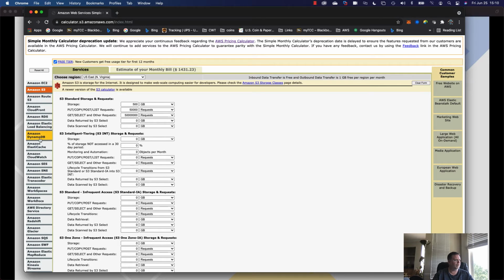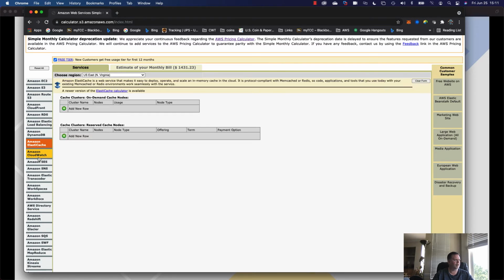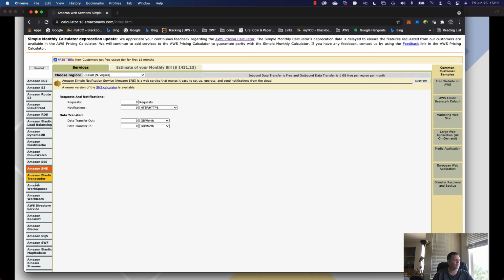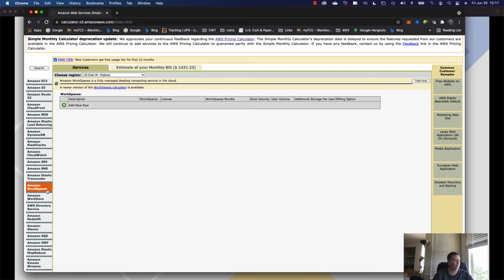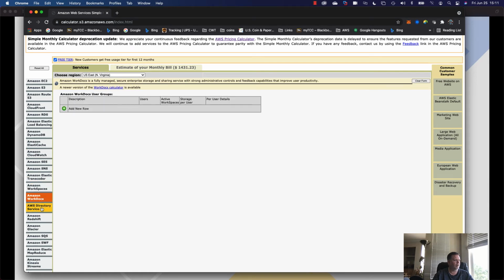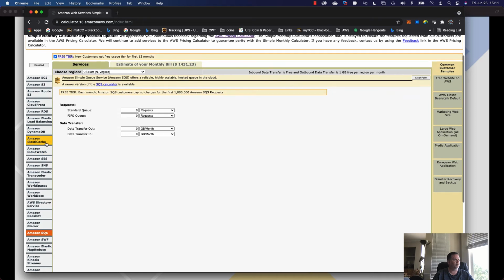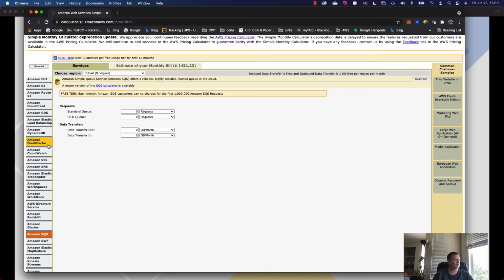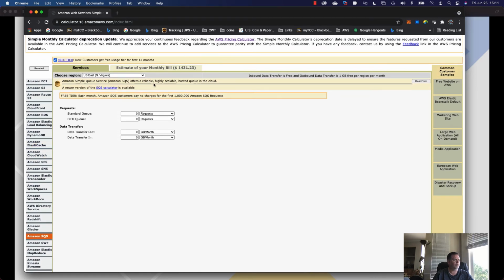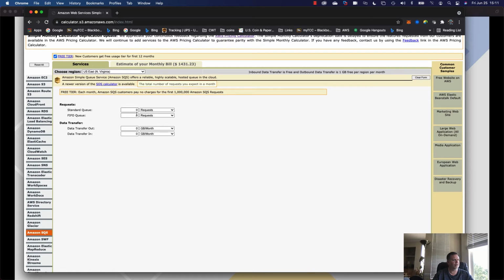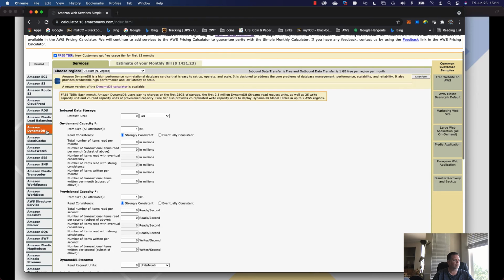But you can go through each of the services, add a service, and you can come up with whatever you need for your workload. Find the service, add it in, and figure out what your total bill would be in the end with the solution when you had all the services added.